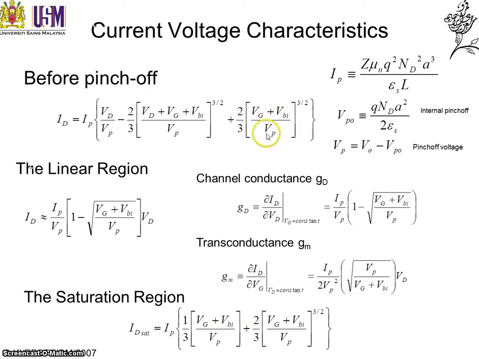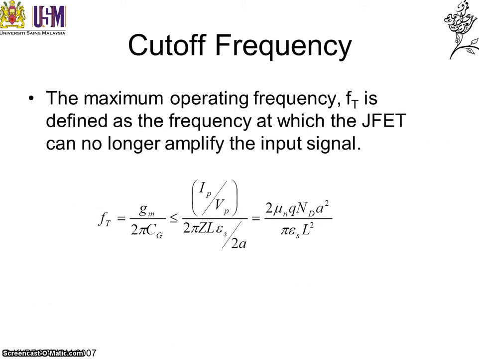All these you can calculate easily. In the linear region, it's just this, but in the saturation region, you have to take into account an extra term. 1/3 is just the basic, this one, but there's another 2/3, where this part is due to the saturation area.